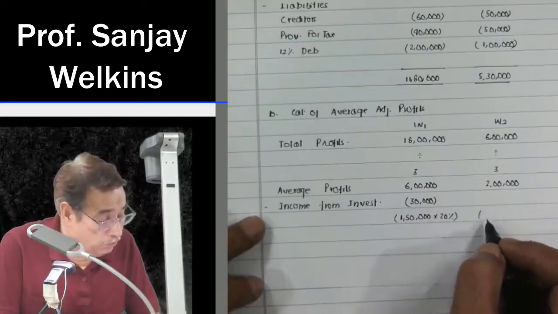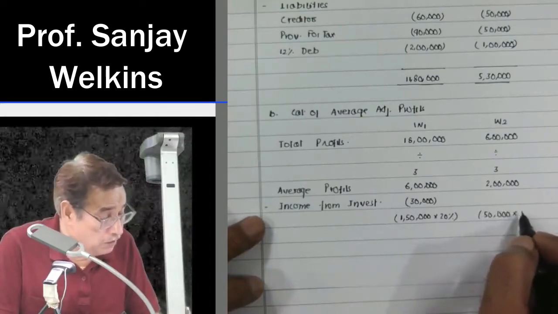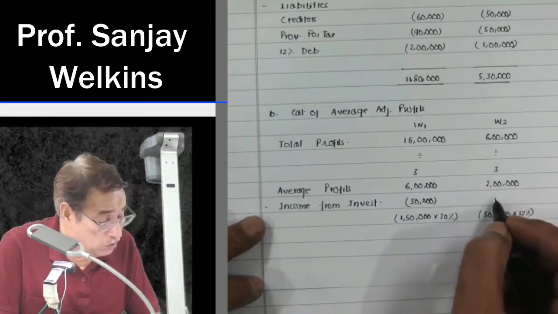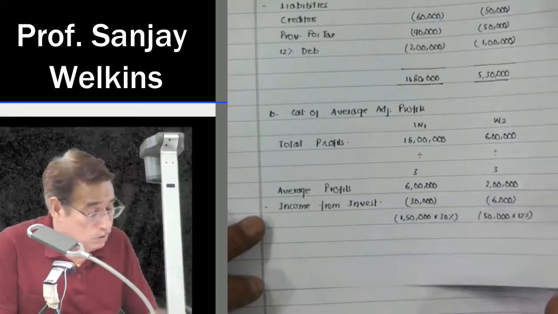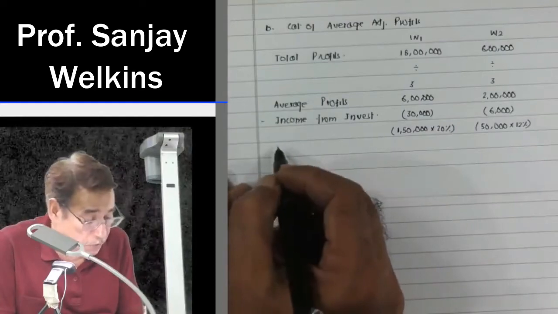Similarly, investment of this company was 50,000, and return given to us was 12%. So 6,000 I will subtract it. So now we are in a position to find out average adjusted profit.